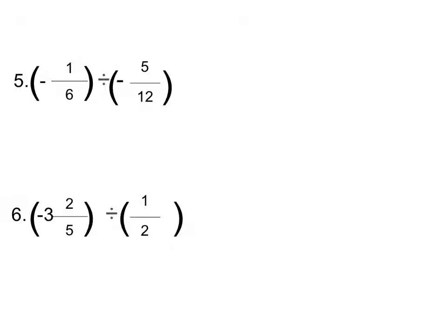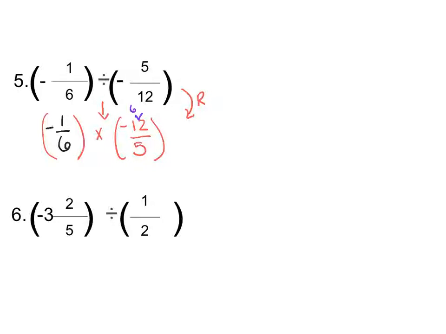So when we divide fractions, we're actually keeping the same term first, so negative 1/6, but we switch to multiplication and we take the reciprocal of the second term, which would be negative 12/5. Okay, so now I can simplify if I have anything on the top. So this 12 is 6 times 2, and I'm going to say that it's negative 2.